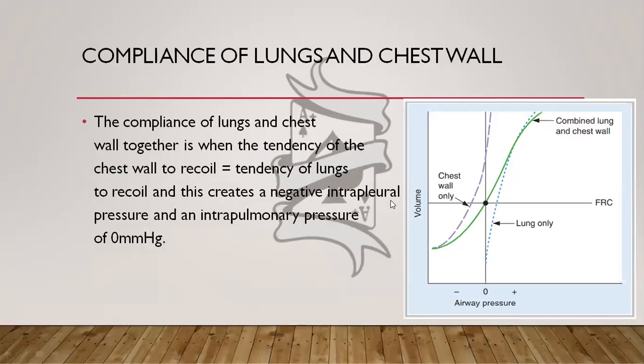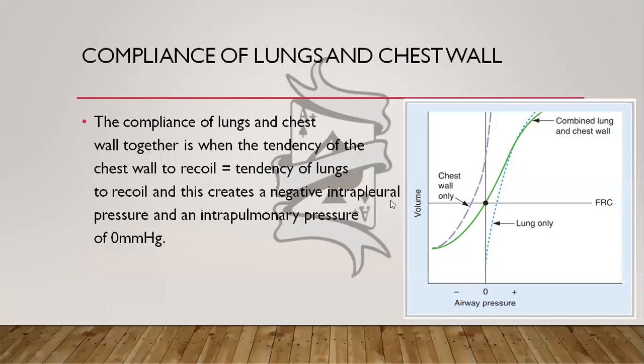I spoke to you guys earlier about elasticity. Elasticity is a measure of recoil. So it's not how stretchy something is. Compliance is a measure of stretch. That's what it is. So the opposite of elasticity is compliance.